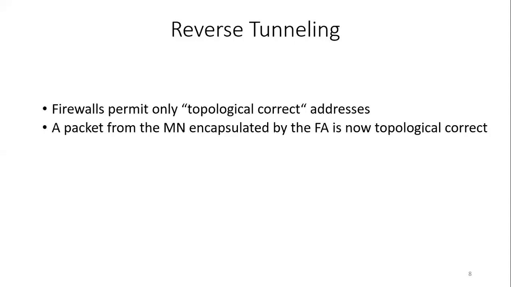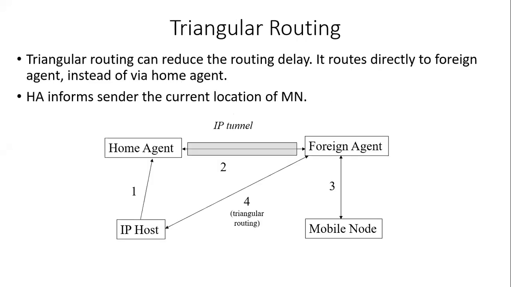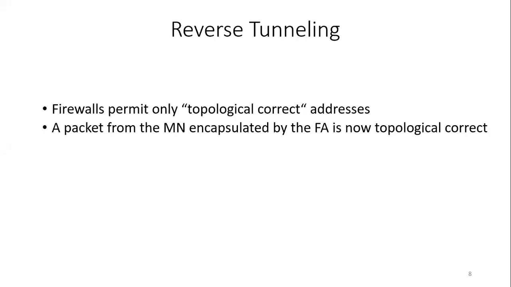There can be firewalls at your premises to block anything insecure. So if you have something suspicious, it will be blocked by the firewalls. Since you were using the care-of address as the source address, the packet shouldn't be blocked.